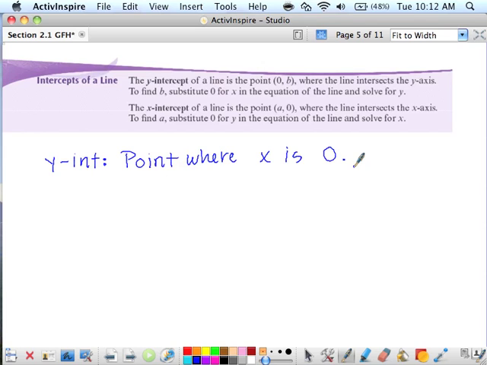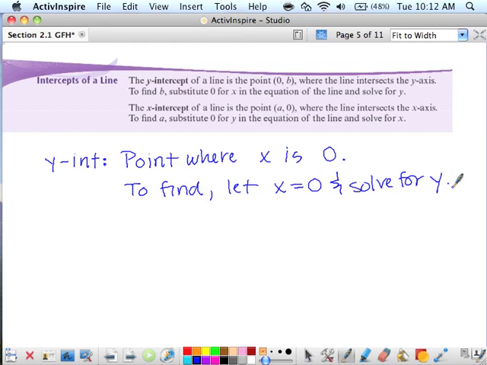Let x go to 0, solve it for y. And that will work for any equation. If you want to find the y-intercept, that's how you'll do it.